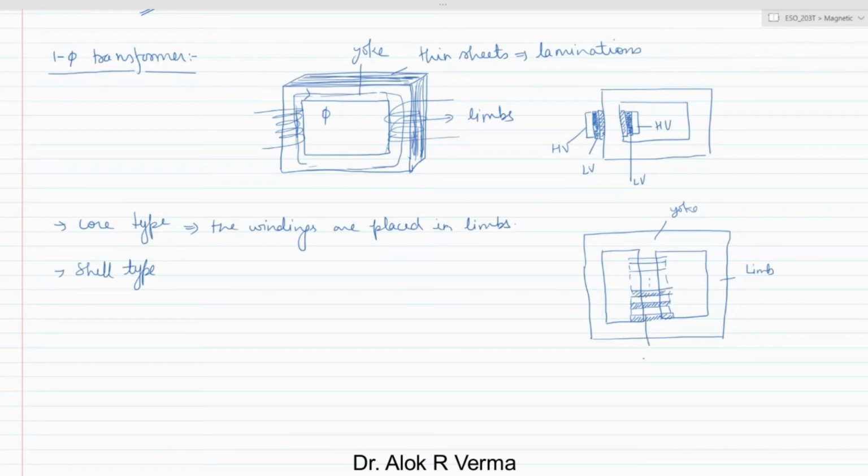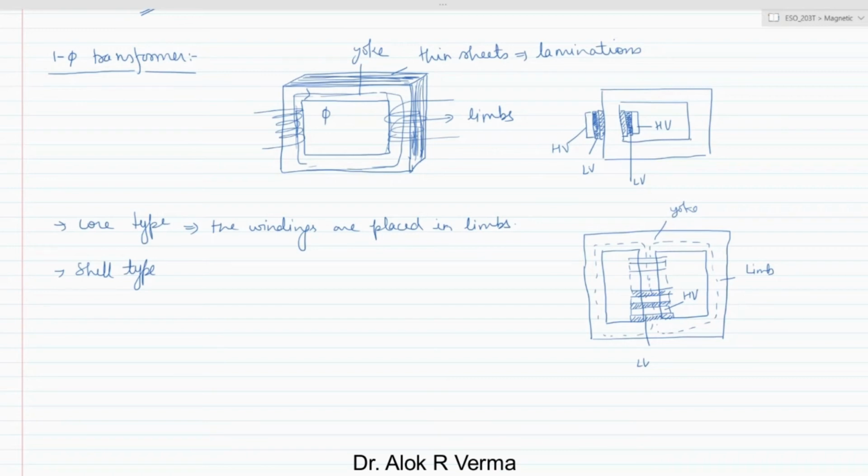The flux produces and flows in two parts: one through the right limb and another through the left limb. So this is the construction of the shell type transformer, and this is the construction of the core type transformer.